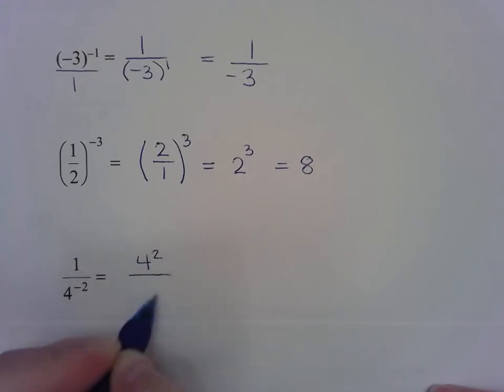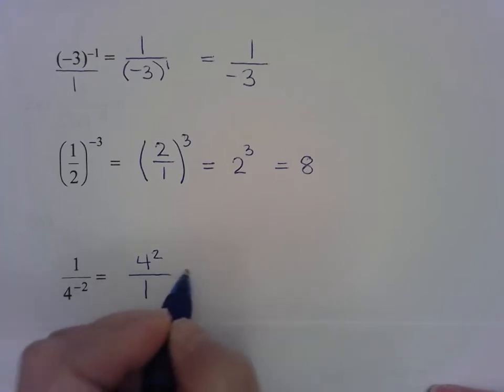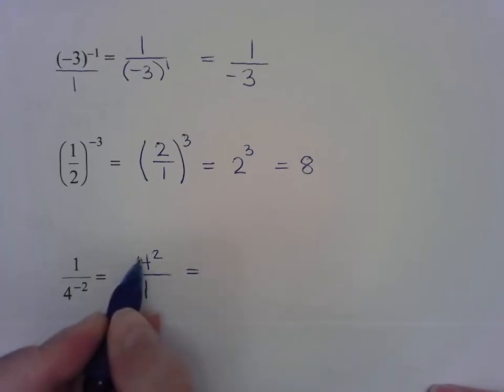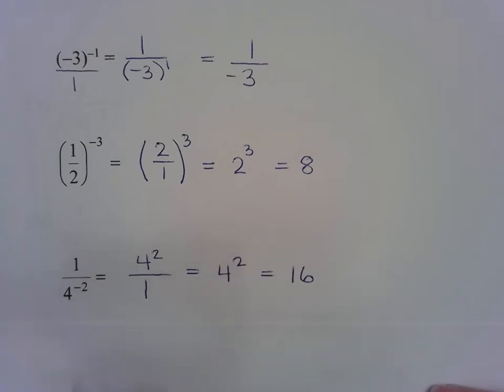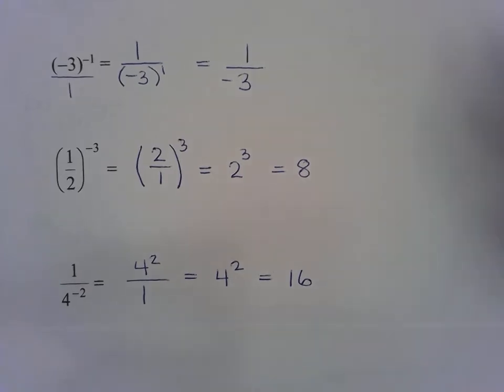And since there's nothing left in the bottom now, I have a 1 there. 4 squared over 1 is just the same as 4 squared. 4 times 4 is 16. Okay.